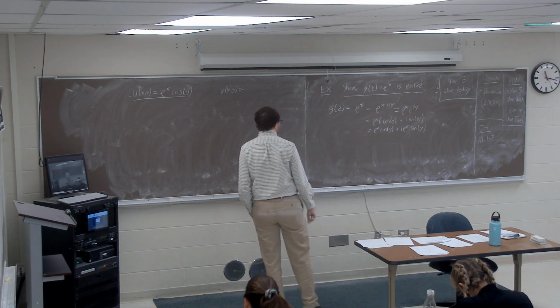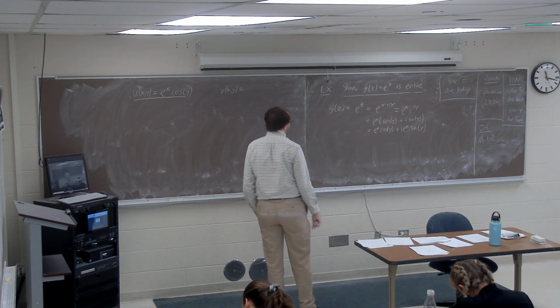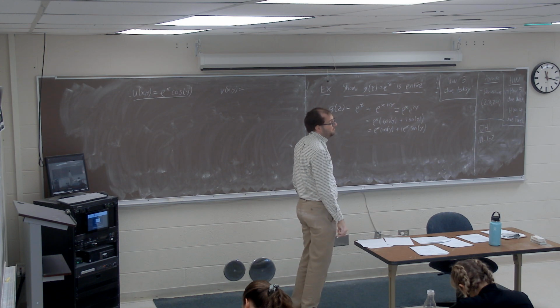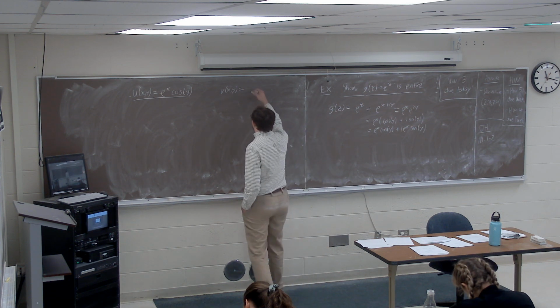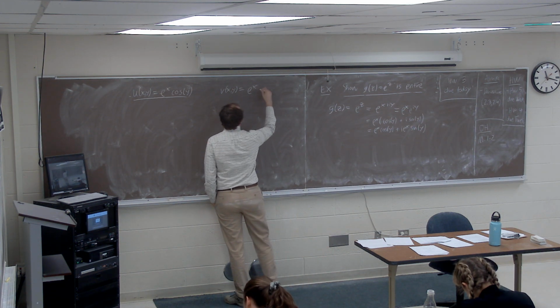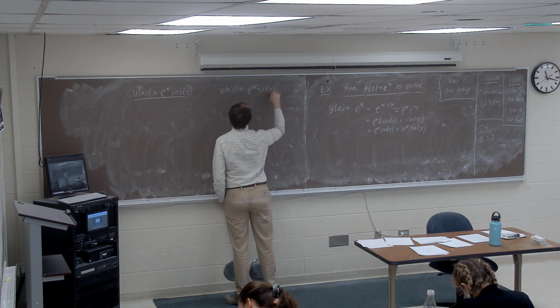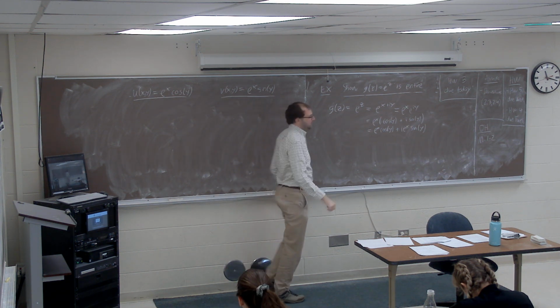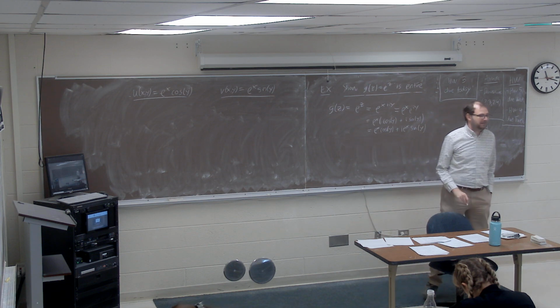That'd be i e to the x sine y. Incorrect. Don't include the i. v itself needs to be a real function that's just getting multiplied by i, so we're just going to get e to the x sine y for that.